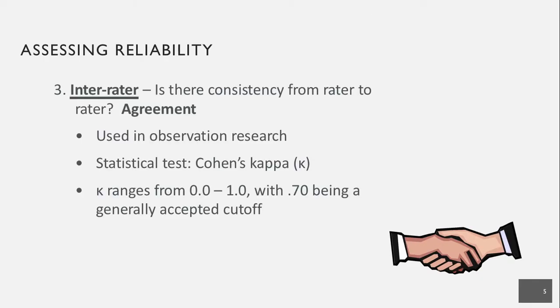Okay, the third kind of reliability, inter-rater. This is when you have multiple people rating something and you want them to agree with each other. You don't want one person to say one thing and the other person to say the opposite, because then what can you say about what you're observing?